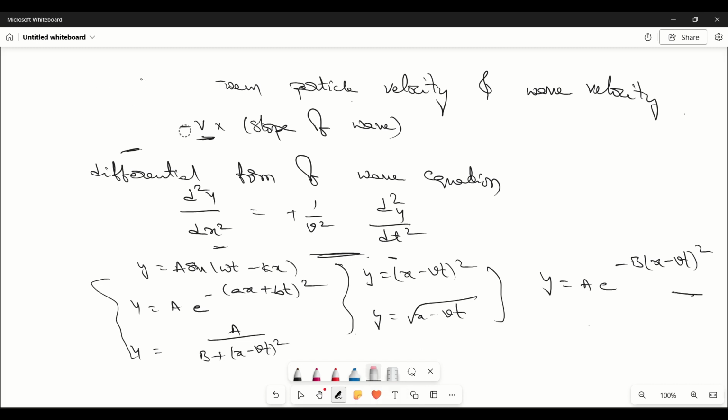So let's solve a problem based on this displacement expression.